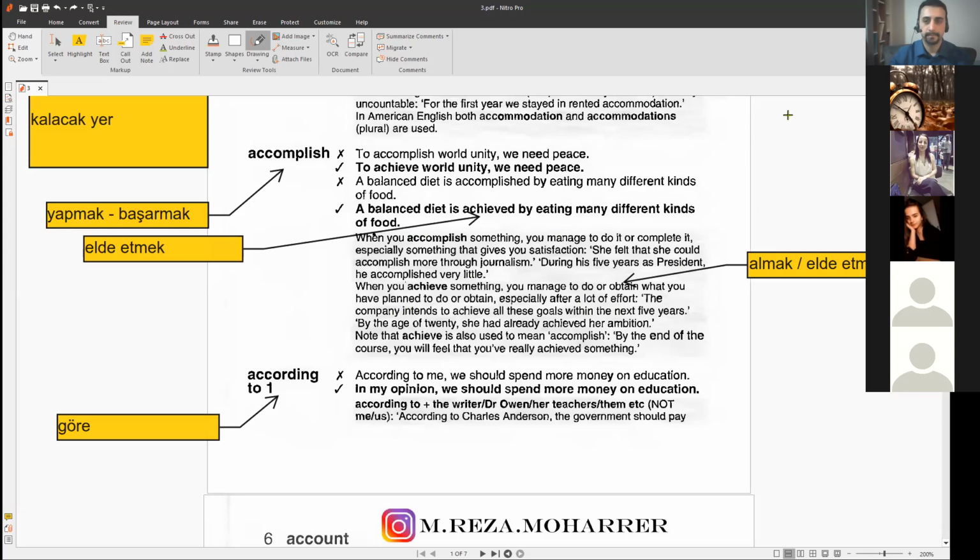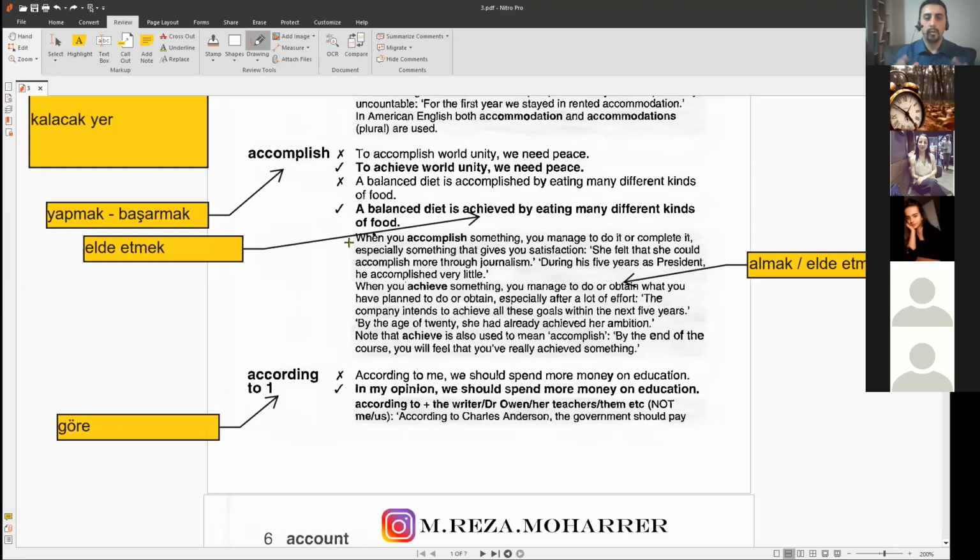When you accomplish something, you manage to do it or complete it, especially something that gives you satisfaction. She felt that she could accomplish more through journalism. During his 5 years as president, he accomplished very little.